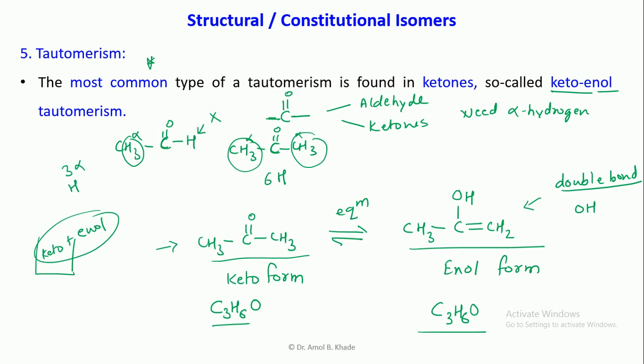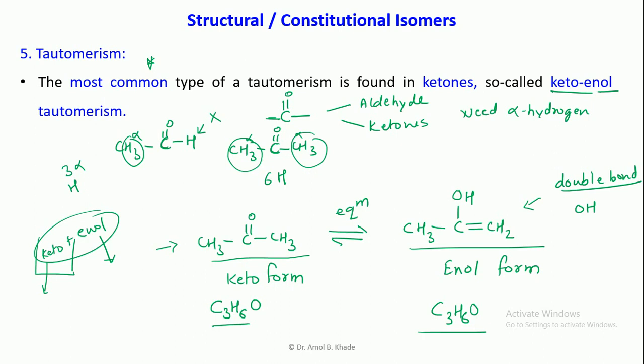If I reduce the amount of enol form, what will happen? The keto will automatically convert some of its amount into enol form, and it will attain a dynamic equilibrium. If I reduce the amount of keto form, then the enol will immediately interchange into keto, and it will maintain its dynamic equilibrium. So that's why it is referred to as keto-enol tautomerism.